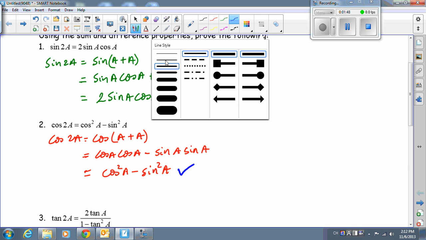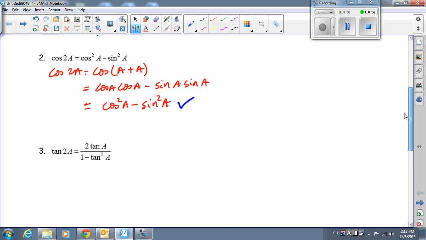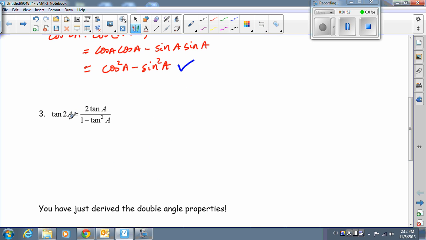The last one, or the third one, is tangent of 2a, and we want to prove that this is equal to the expression on the right. I would say tangent of 2a is equal to the tangent of a plus a.